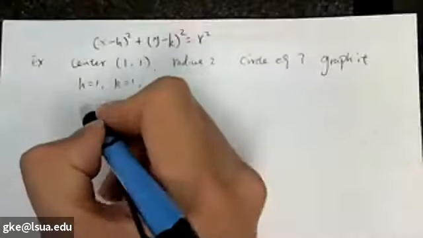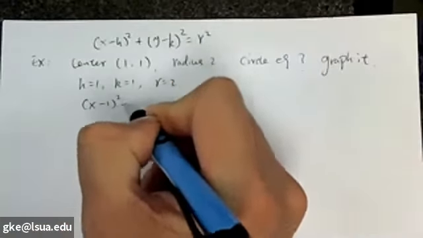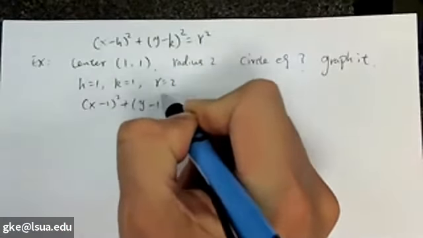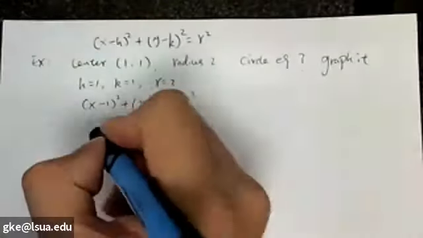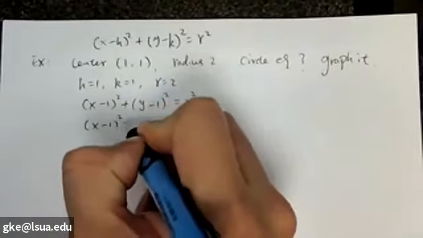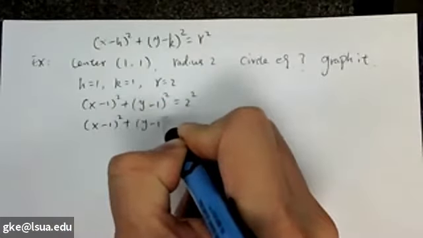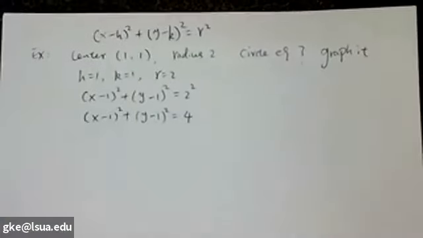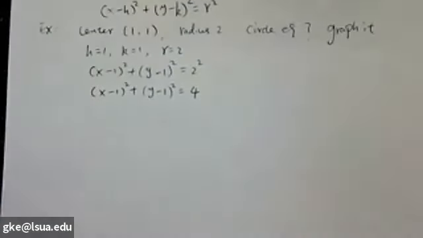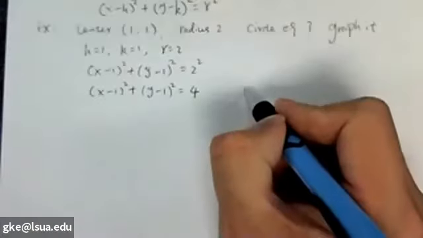Plug into this equation: x minus 1, y minus 1, 2 squared, right? Plug in, and then you're gonna get what? 4, right? 4. Then you can draw a picture.